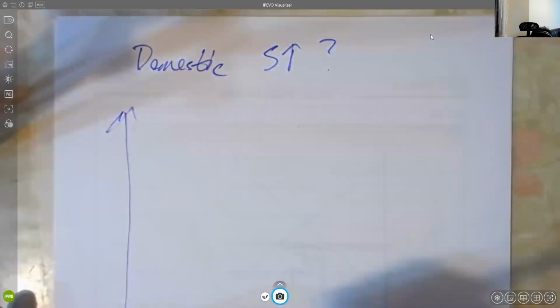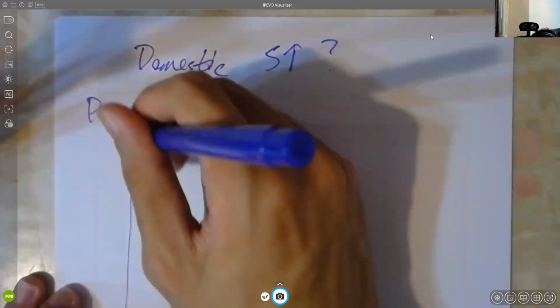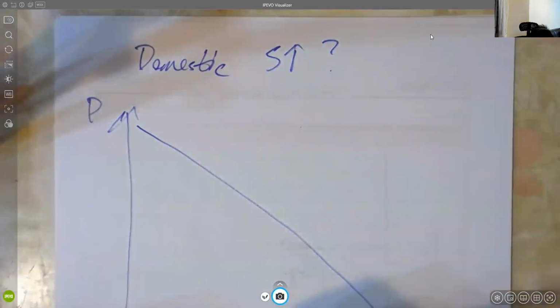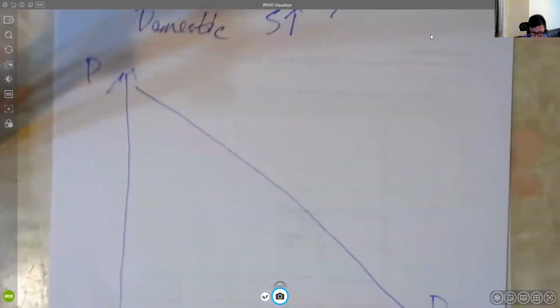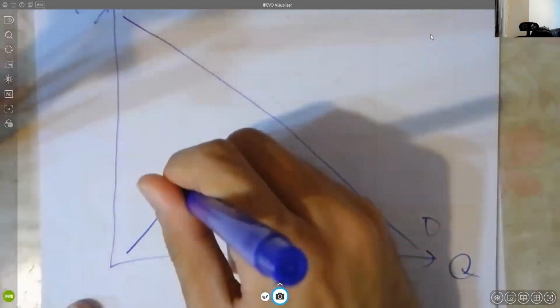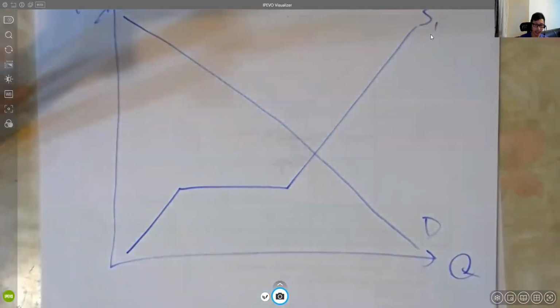Okay, this is our demand. Now let's draw the original one. Let's imagine this is a quota, the original quota, our original effective supply. Now, what if our domestic supply increases?